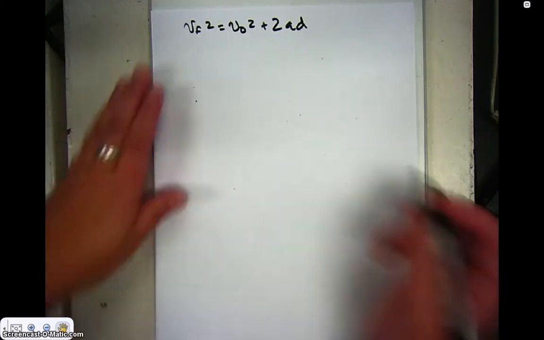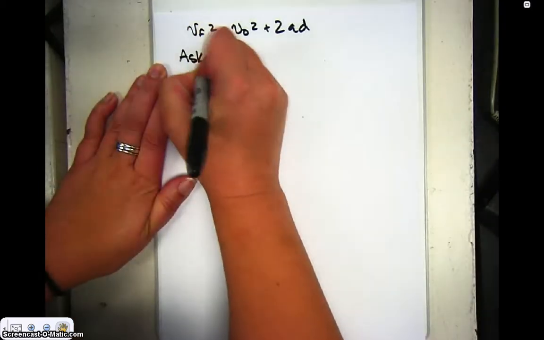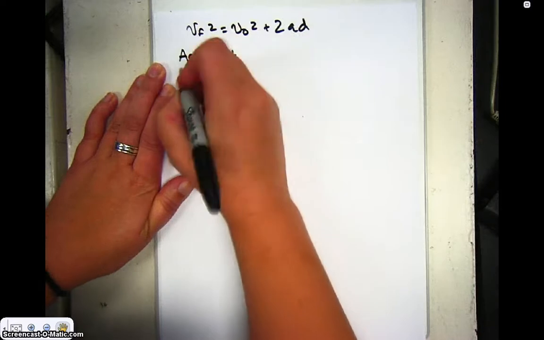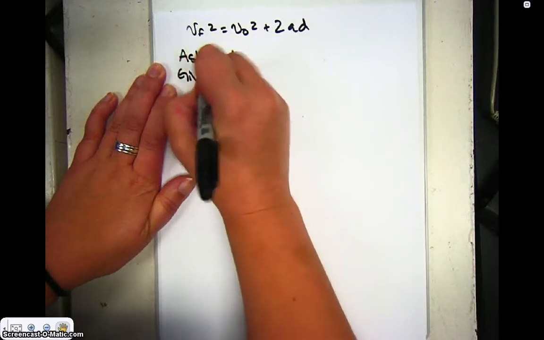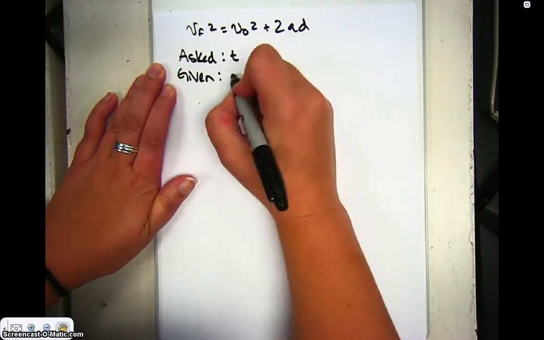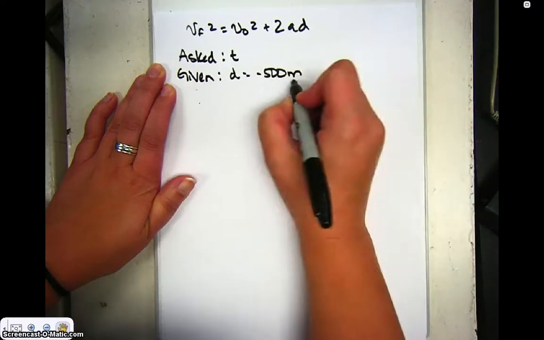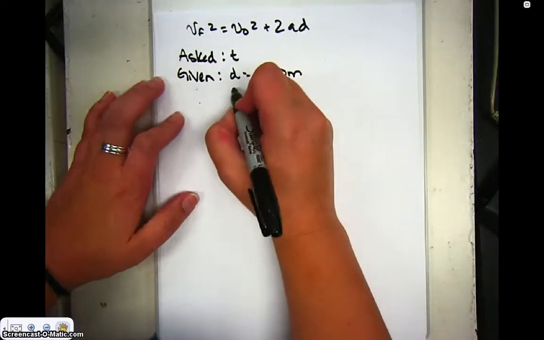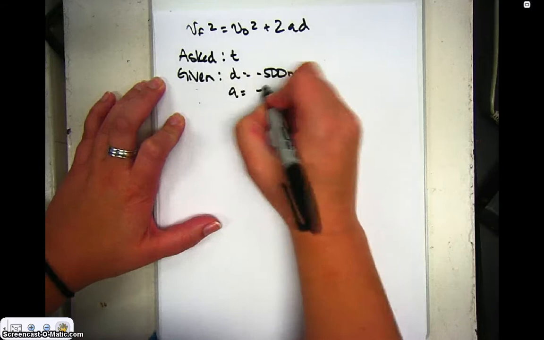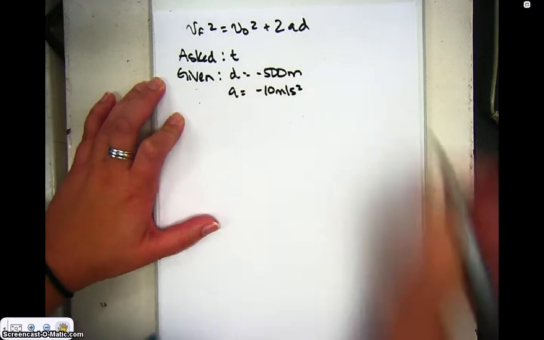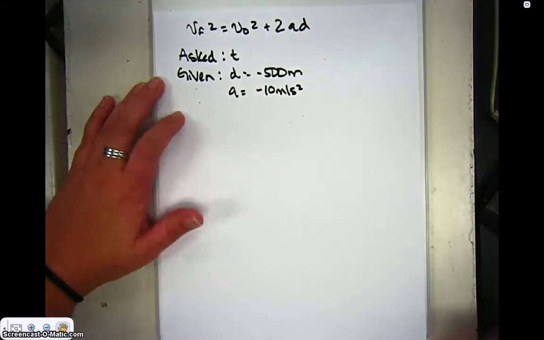So we're asked, in this case, to find t, and the information that we're given is we know we're on a 500-meter cliff. Remember, our displacement is 500 meters down, and our acceleration is negative 10 meters per second squared because it's gravity.